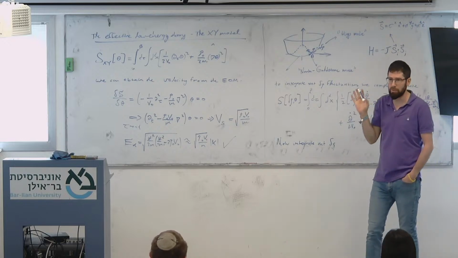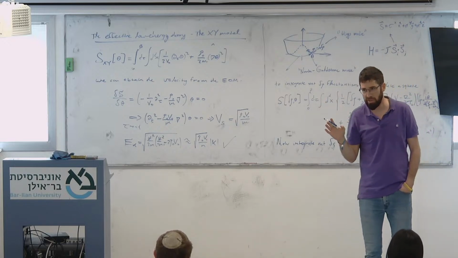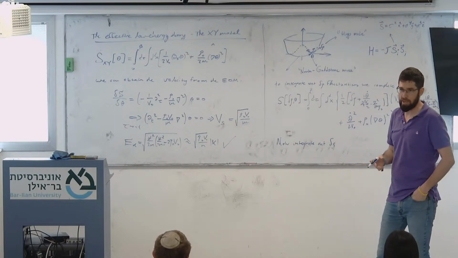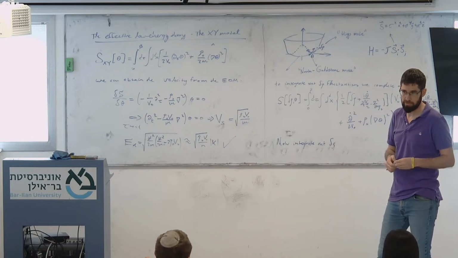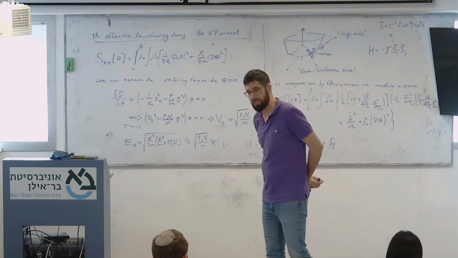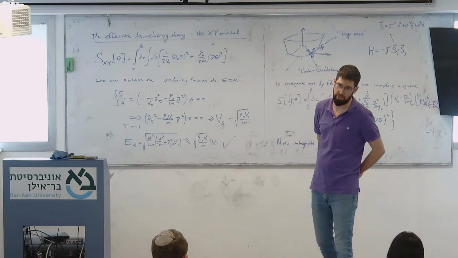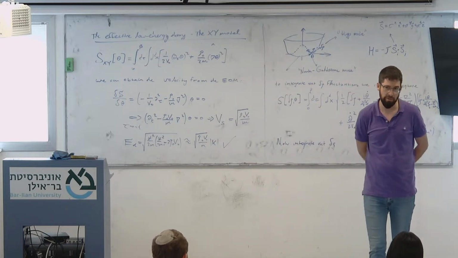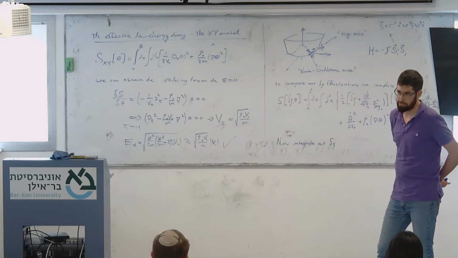This is the most quantum possible. But if I would want to make it classical, what would I do? Oh, only sigma Z. That's one way to make it classical, but that's an Ising model. But say I want to write a Heisenberg model, I want to make it classical. How would you do that?